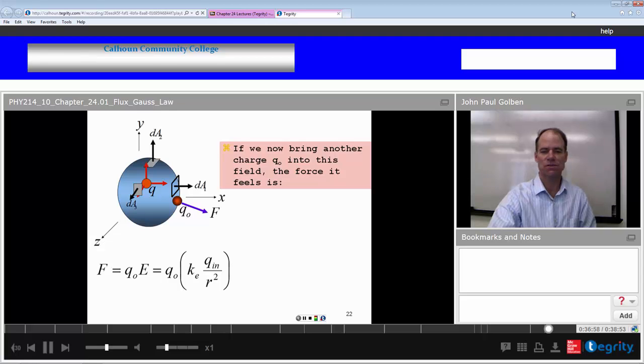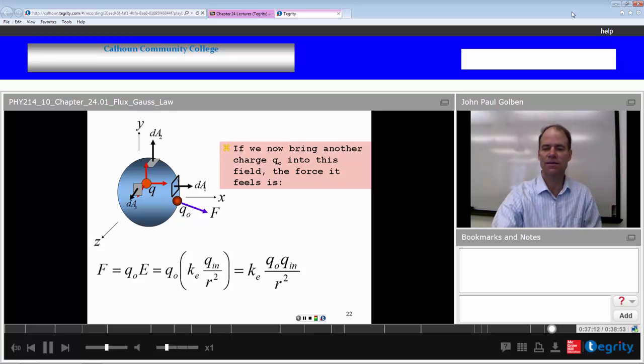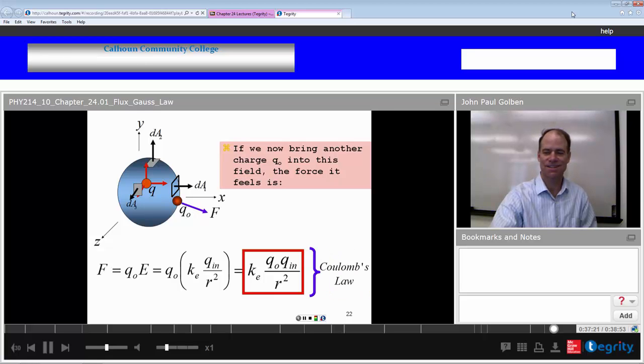So that force is going to be equal to Q naught E, which is Q naught times the field, which is K Q enclosed over r squared, because that's the field that exists at that radius from the first charge. So this is going to be equal to K times Q naught Q enclosed over r squared. By golly, that is Coulomb's law. So we have derived Coulomb's law from Gauss's law.